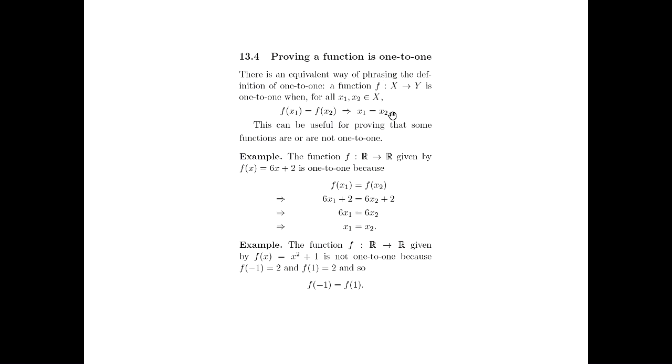I'm going to quote a colleague of mine who I thought gave a sensational description of this sort of definition. So what this is saying is that if you take 2 things, but those 2 things might be the same, and you say f of x1 is f of x2, then if the function is one-to-one, that will mean definitely that x1 equals x2.